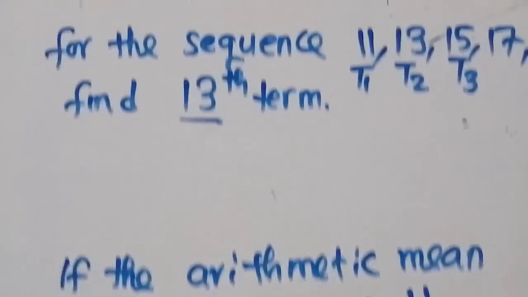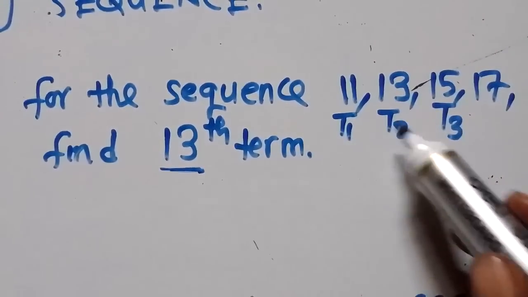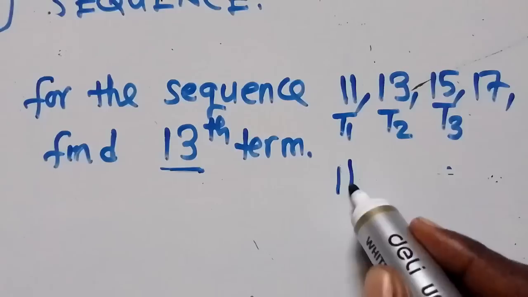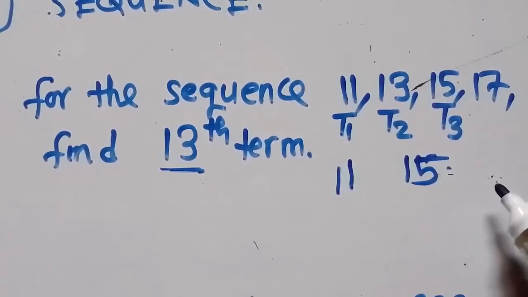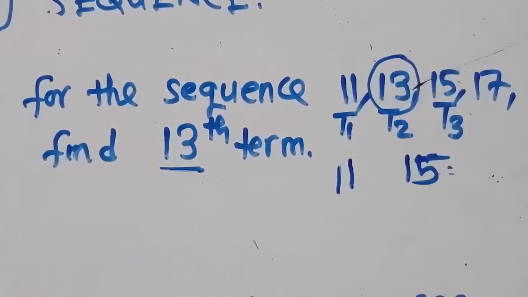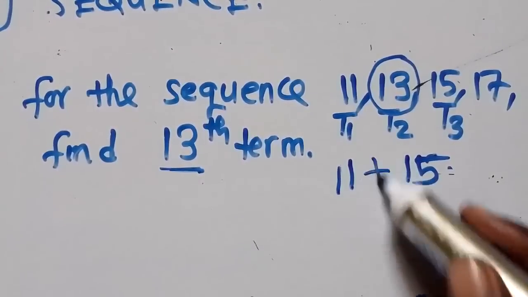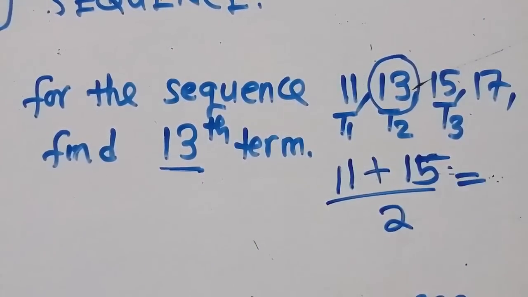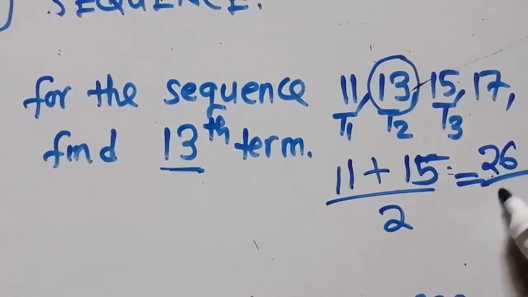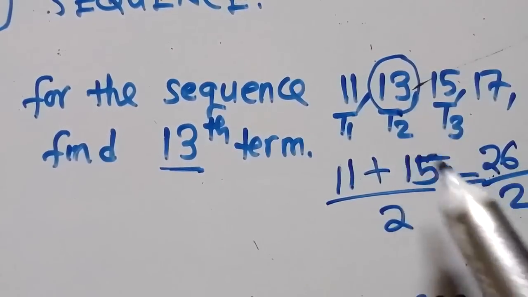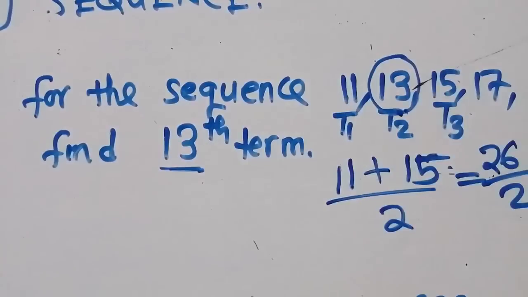So if you are asked to find the arithmetic mean of 11 and 15, you are going to get 13. You add these two, then divide by 2. 11 plus 15 is 26. 26 divided by 2 is 13. This is the number that is between these two. But with the geometric mean, it's different. I showed you how you go about that one. So this is how you need to work this out.